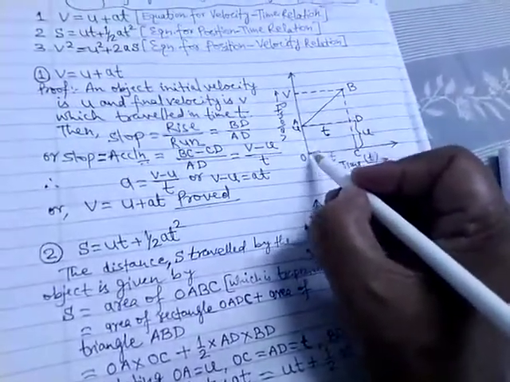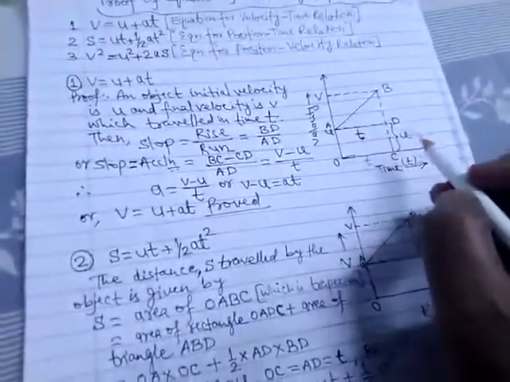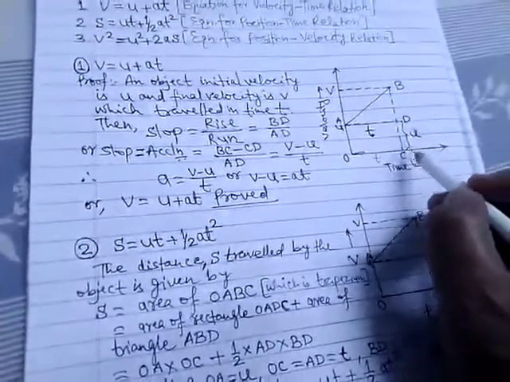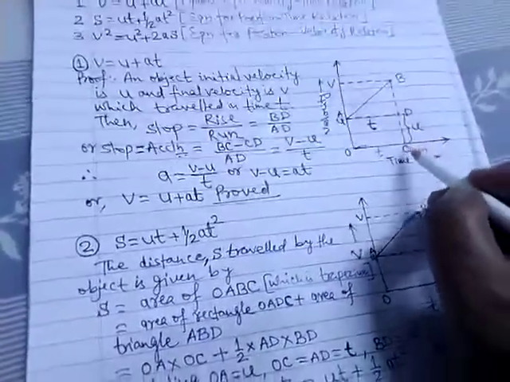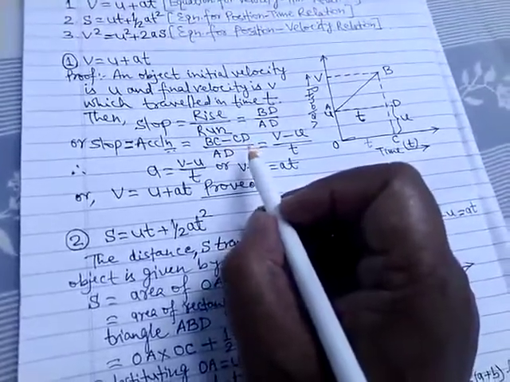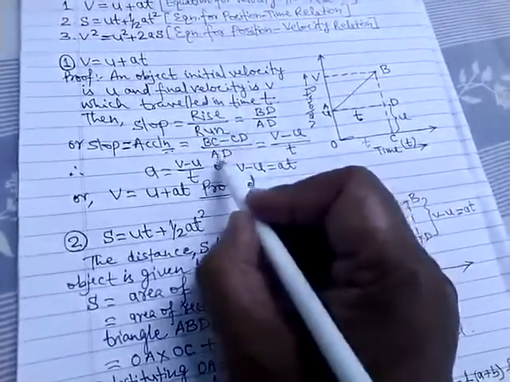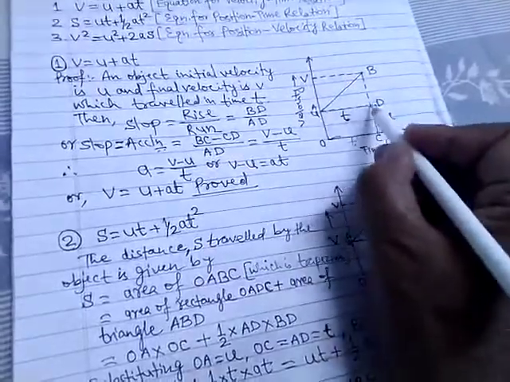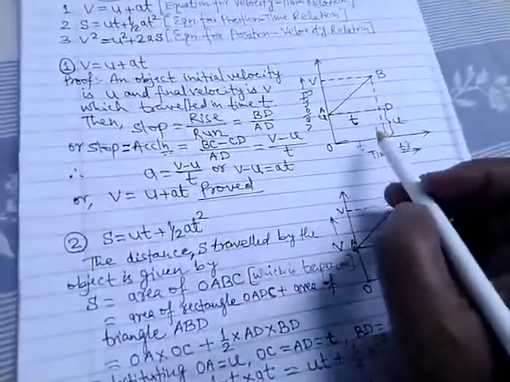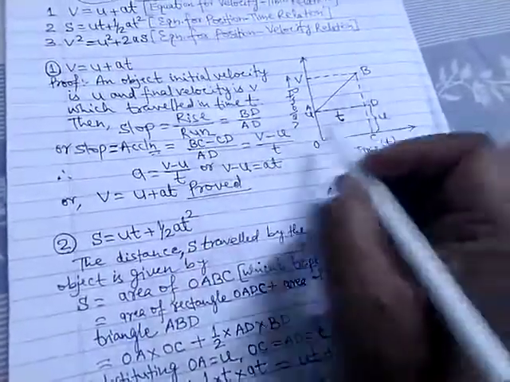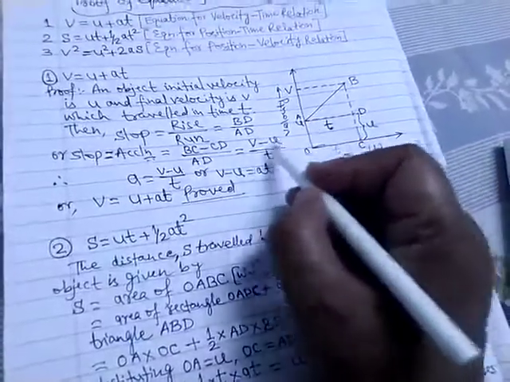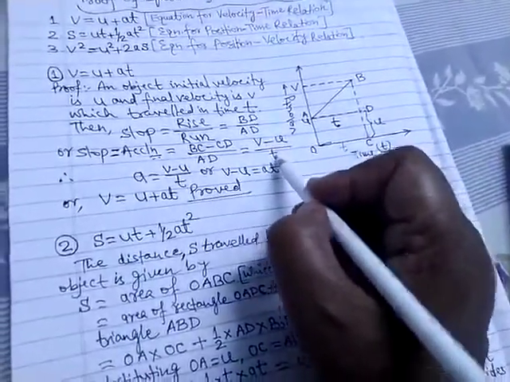So BD is equal to BC minus CD, and run is AD, which is equal to OC. So BC is equal to v and CD is equal to u, so a is equal to v minus u by t.